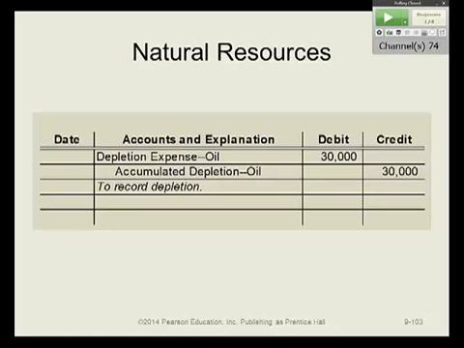And the only way you can get depletion expense is if you take the rate of depletion per unit and you multiply that by the units produced.